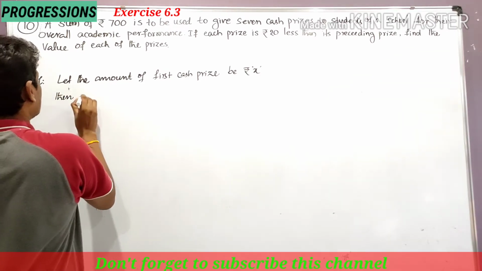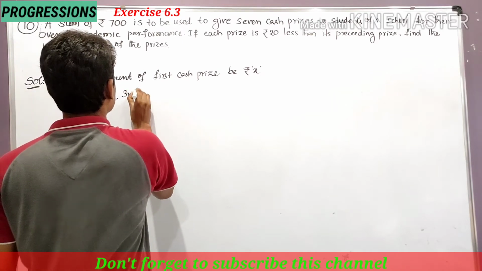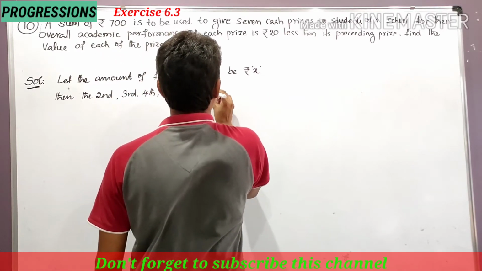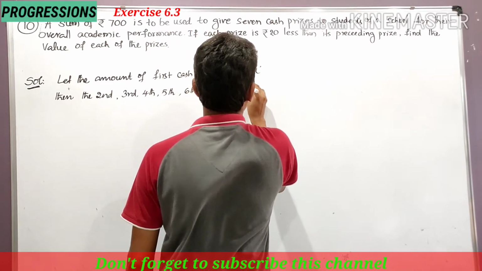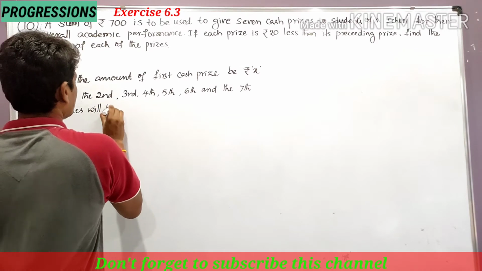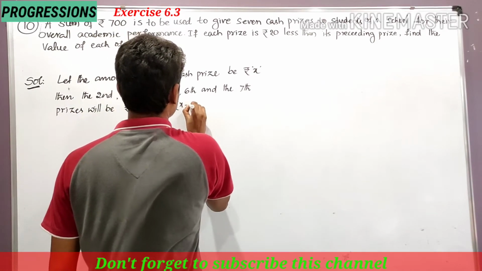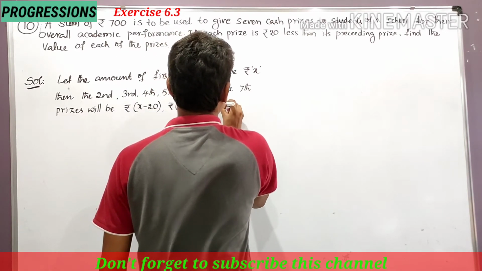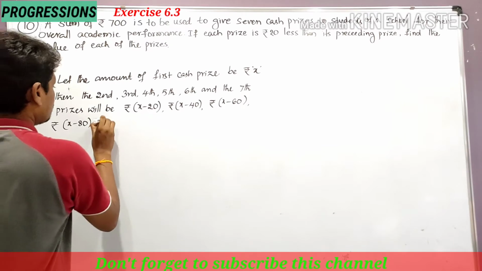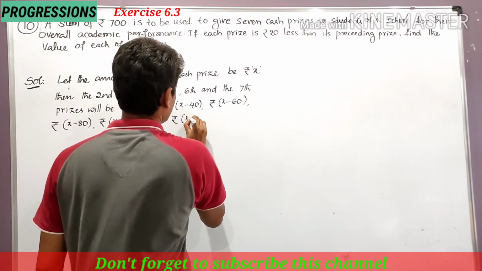Then the second, third, fourth, fifth, sixth and seventh prizes will be rupees x minus 20, rupees x minus 40, rupees x minus 60, rupees x minus 80, rupees x minus 100 and rupees x minus 120.